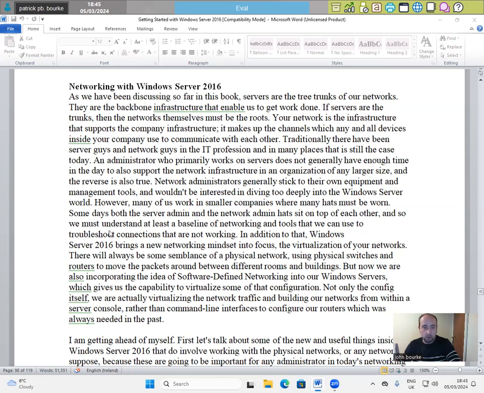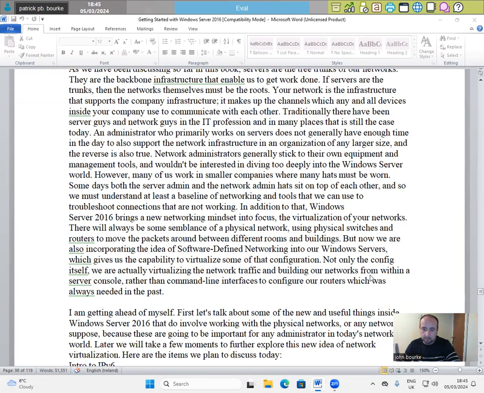And so we must understand at least a baseline of networking and tools that we can use to troubleshoot connections that are not working. In addition to that, Windows Server 2016 brings a new networking mindset into focus, the virtualization of your networks. There will always be some semblance of a physical network using physical switches and routers to move the packets around between different rooms and buildings.